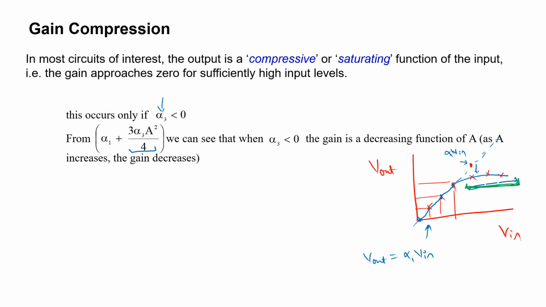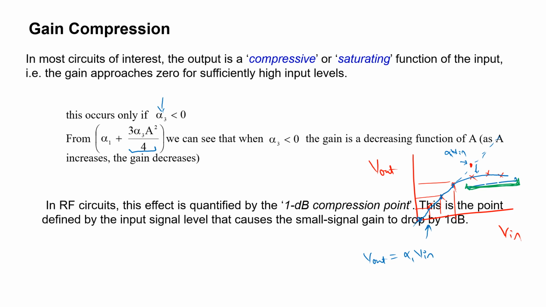Afterwards, all the outputs that I receive will not be a linear gain multiplication of my input, and I can say that my amplifier has now reached a saturation point.